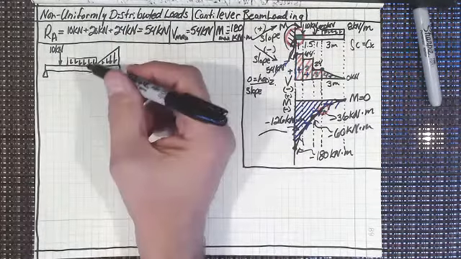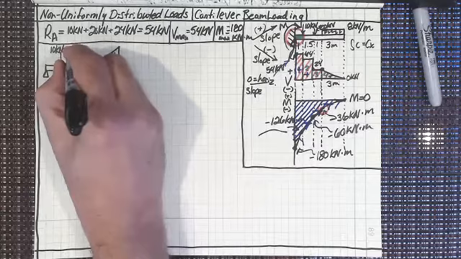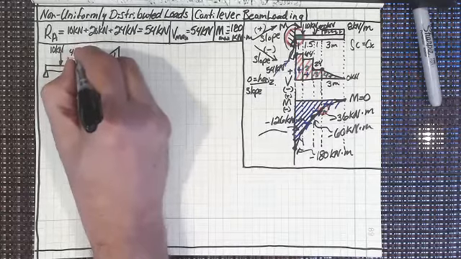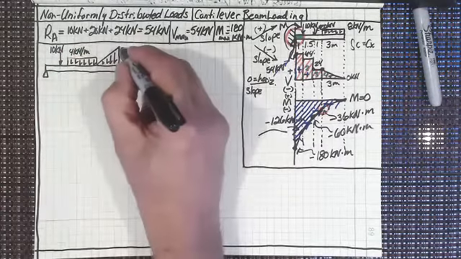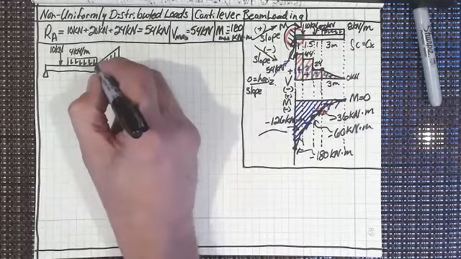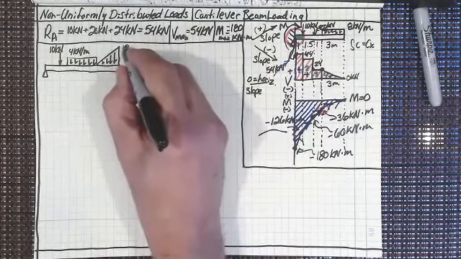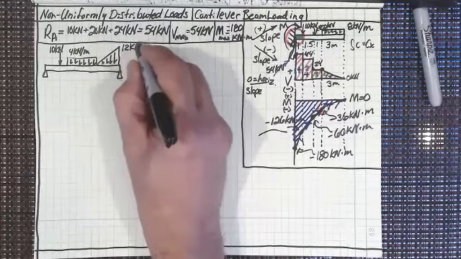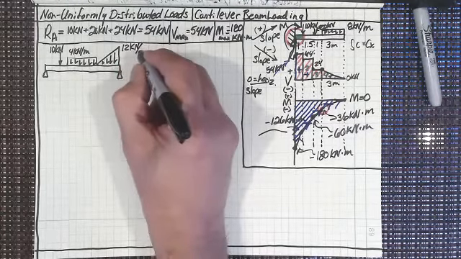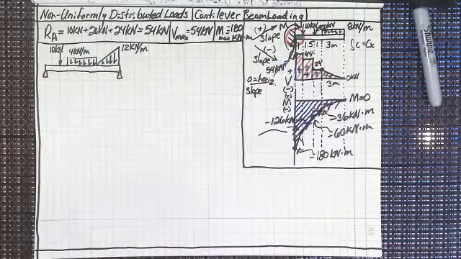Now, I'm going to give you some information here. This is going to be 4 kilonewtons per meter. And this one up here is going to go from 0 kilonewtons per meter to a total of 12 kilonewtons per meter. Does everyone see that?